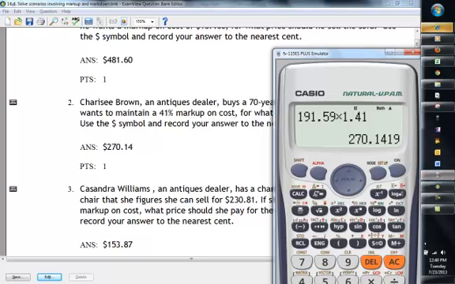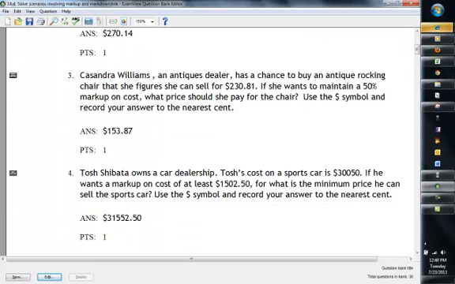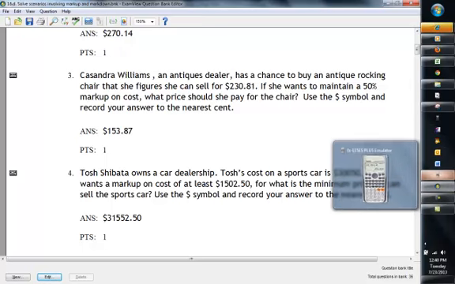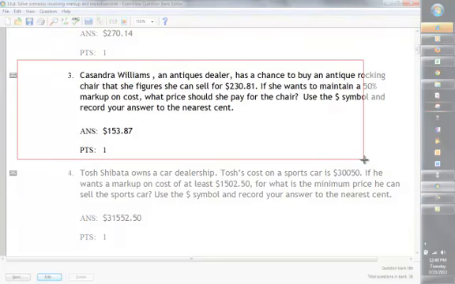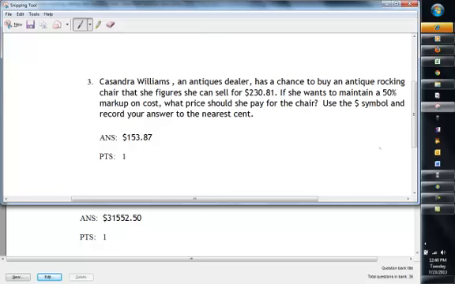is 270.14. Cassandra Williams, an antiques dealer, has a chance to buy an antique rocking chair that she figures she can sell for $230. If she wants to maintain a 50% markup on cost, okay, so this is the part this time because the markup is on cost. So this is the base, is the cost.